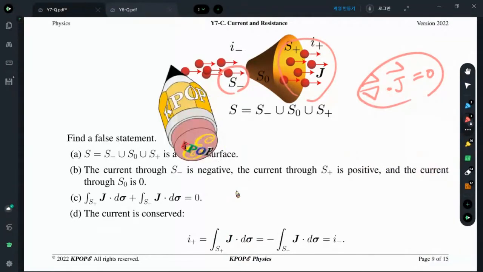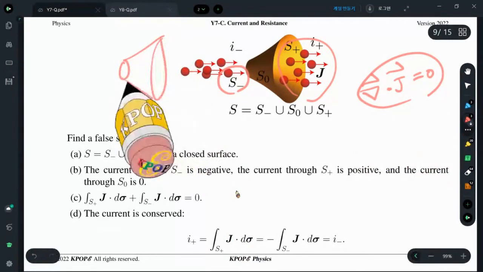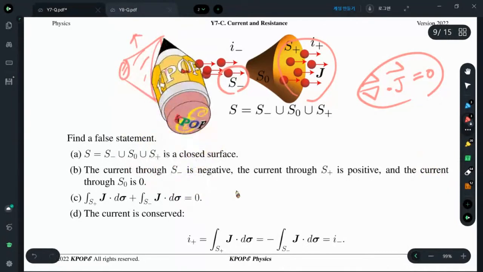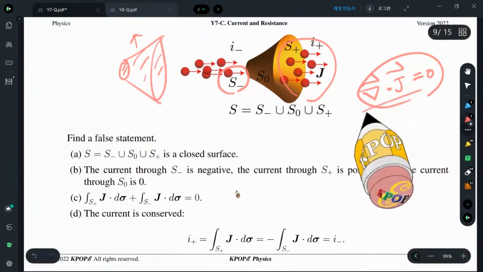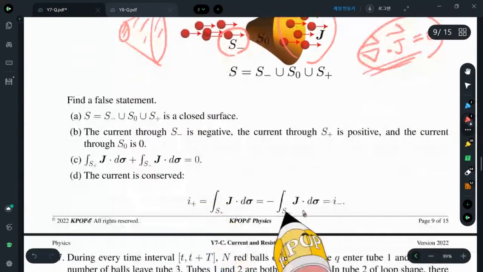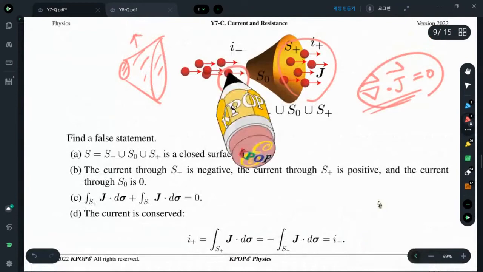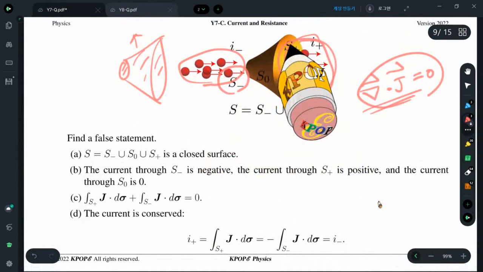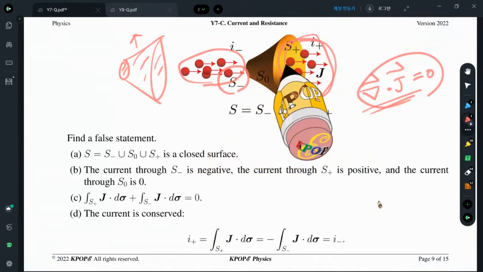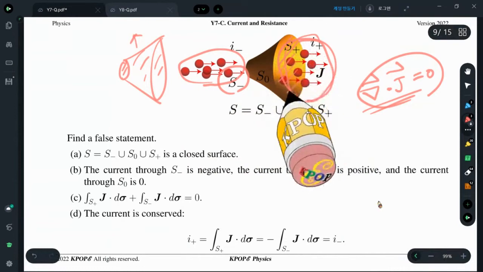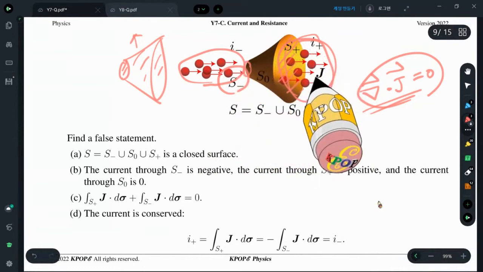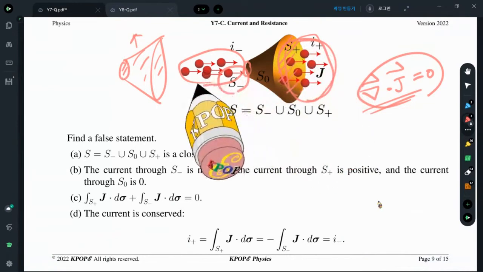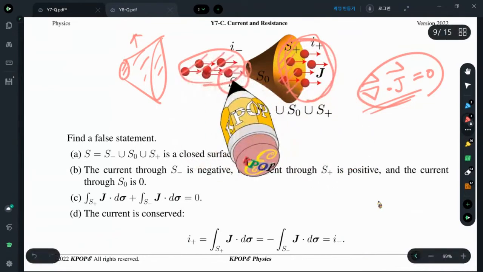Then we can consider a closed surface of this funnel, and the surface integral over the closed surface must vanish because divergence equals 0. In a similar manner, we expect that the amount of flow coming in must be the same as the amount of flow coming out. Because the cross-sectional area is wider here, the velocity of the charge flow here must be smaller than on the left-hand side.